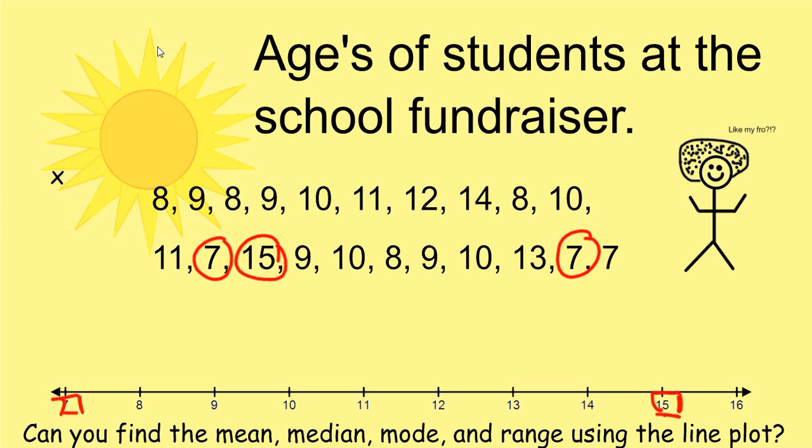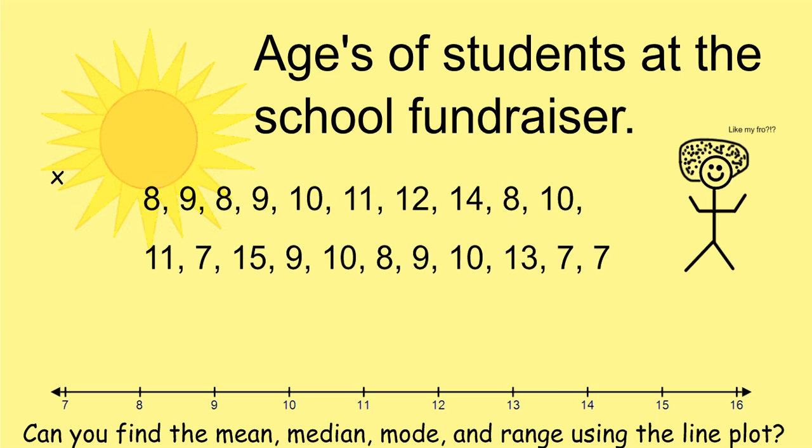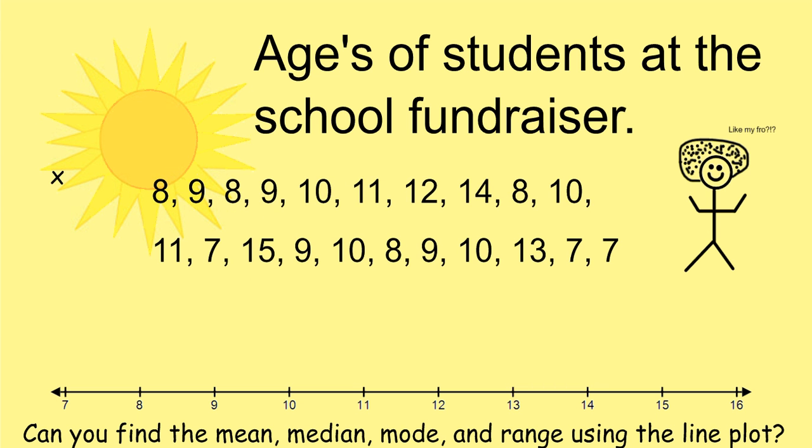But after we have drawn our line, now we're ready to start actually plotting on the line. Okay, so I'm just going to take each little piece of data, like the number 8 here, and I'm going to cross it out and put an X on that. That means that 8 was the first number in my data set.